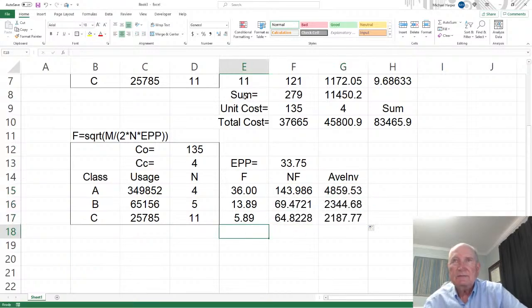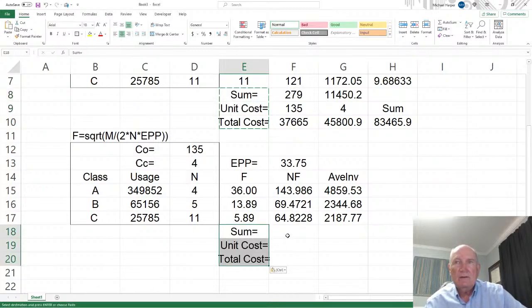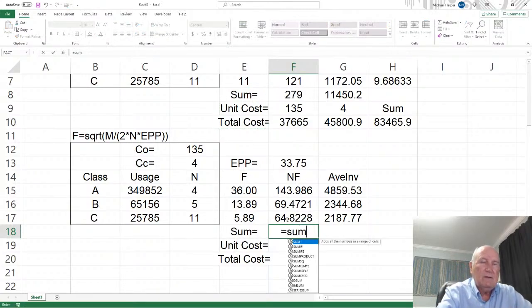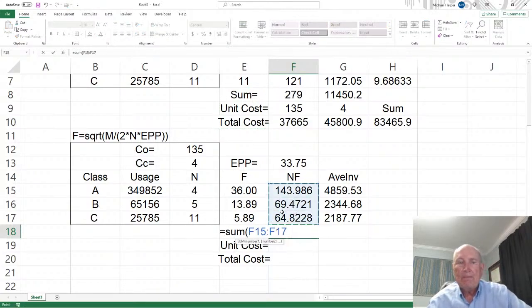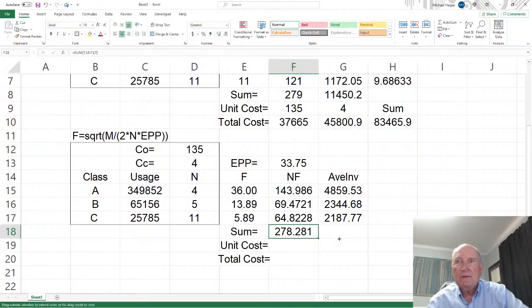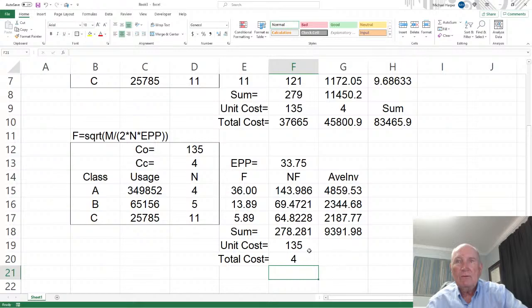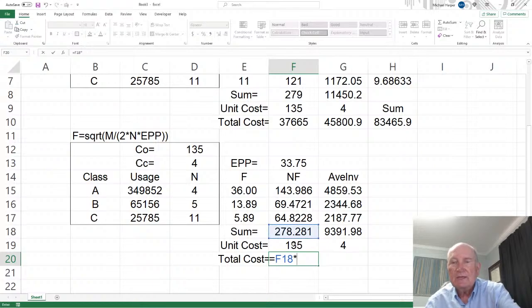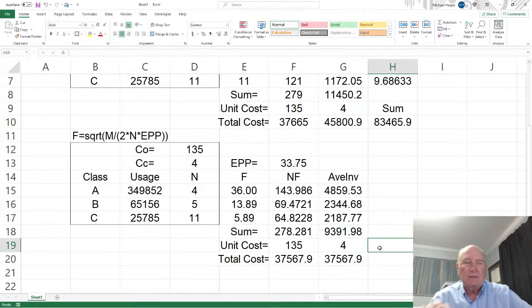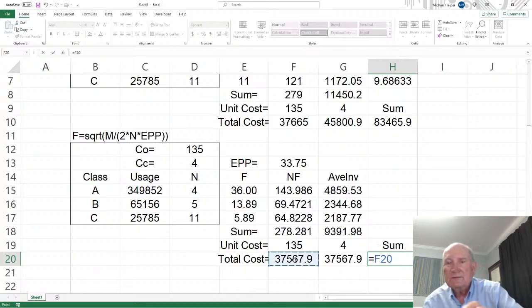Then take our sums, copy these over, and bring our unit cost down. The total equals this times this, and then the sum is this times this plus this.